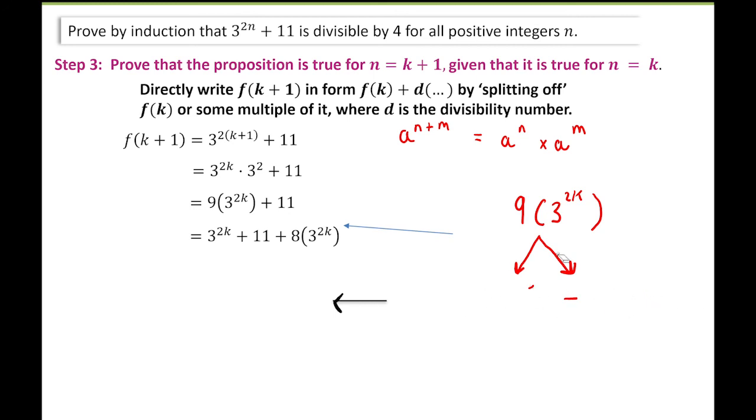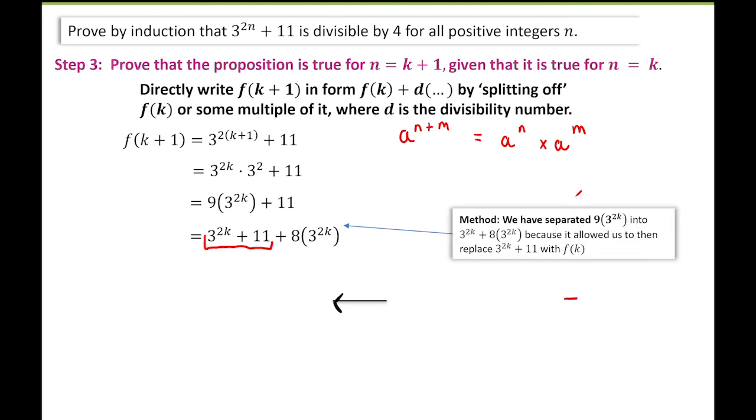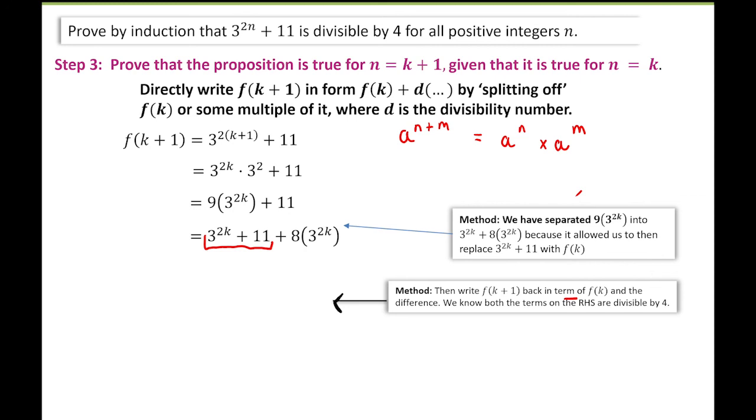So you split off this value. We are then left with 3 to the power of 2k plus 11 plus 8 times 3 to the power of 2k. Our first value here is f of k plus 8 times 3 to the power of 2k. We then write f of k plus 1 back in terms of f of k and the difference.